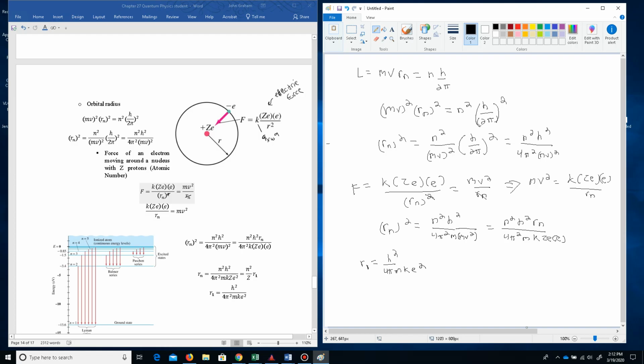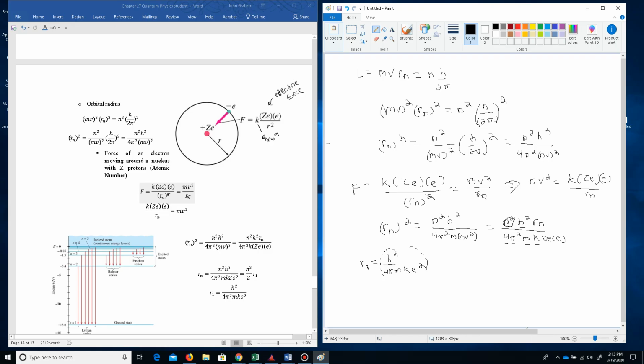I'm leaving out a Z for a reason here. If we look at this, we have the 4 pi squared, the m, the k. The n squared is technically taken into account for n equals 1, and the h squared is there.